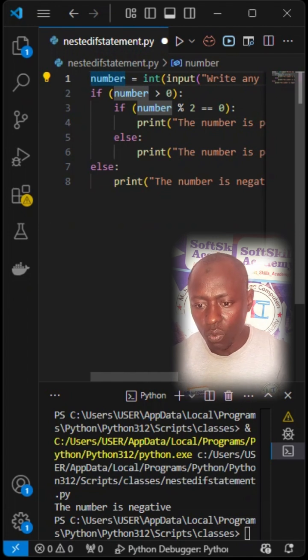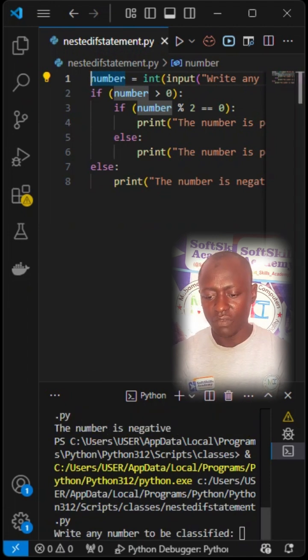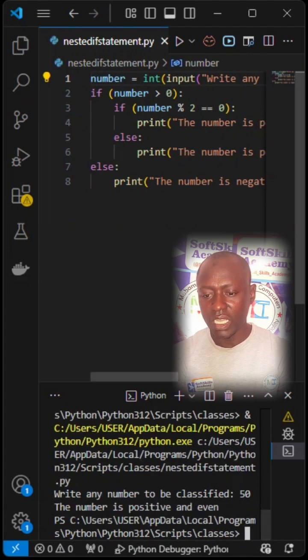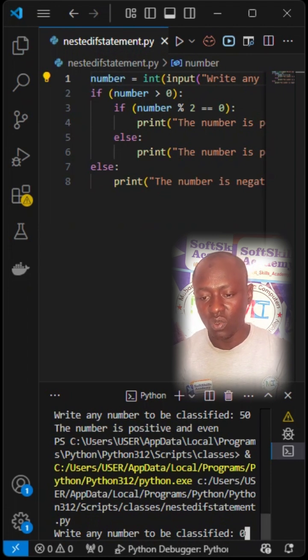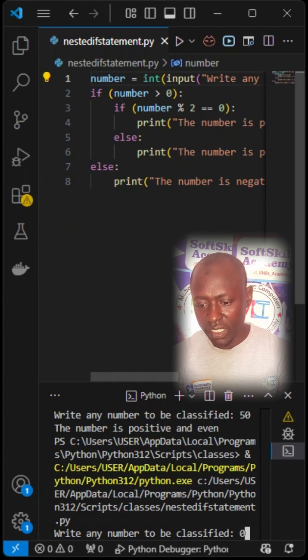So now we are going to run this program and see. So boom, this is what we are having. If we type 50 this time around, and then hit enter, you see the number is positive. If we run this again and type 0, because we have is greater than 0, this is going to be somehow confusing, but let's run it.